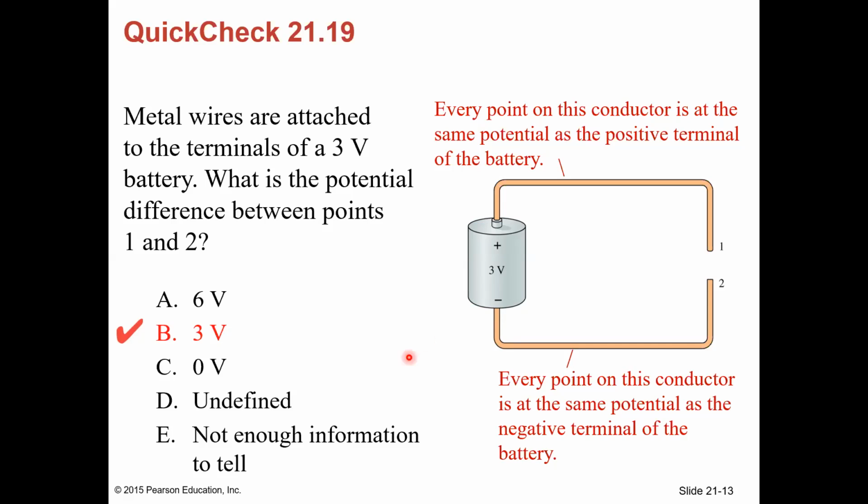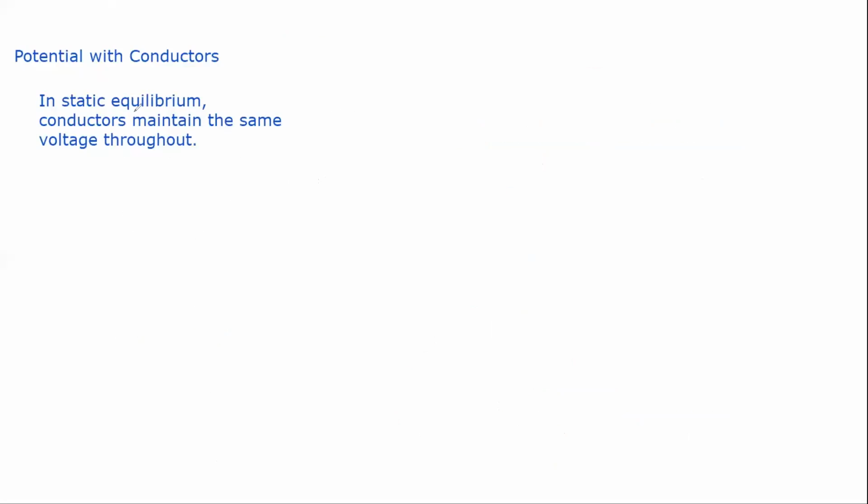Okay, now I'm going to go back to my whiteboard here. So when we're talking about static equilibrium, this is definitely maintained in non-static equilibrium. I'm going a little bit ahead of myself, but I'm just setting up for our next chapter.